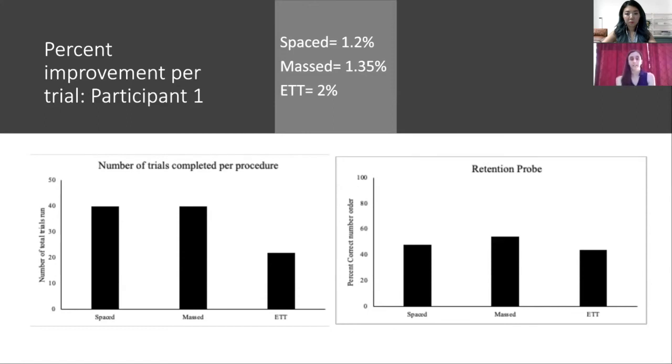Therefore, we decided to find a % improvement per trial by dividing the percent by the number of trials completed. For space, that number ended up being 1.2% for this participant, mass 1.35%, and expanding time trials had the best % improvement per trial at 2%.